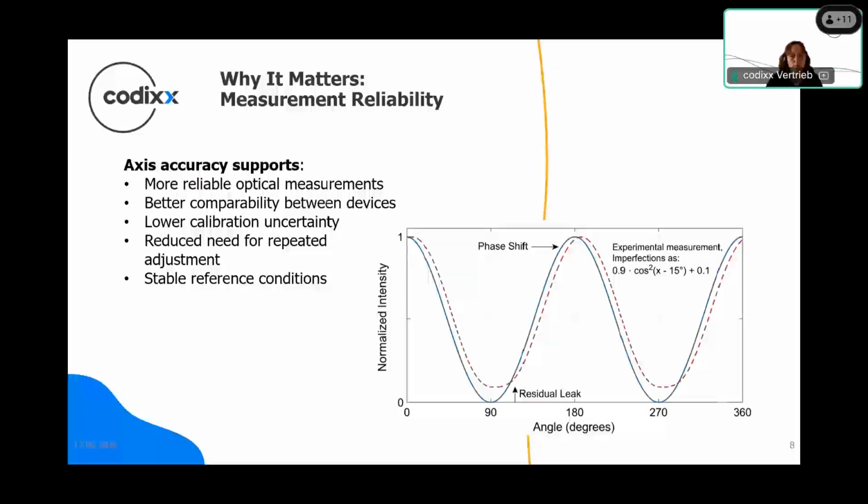So we need highly reliable part-to-part, repeatable measurements across multiple devices without needing to manually calibrate every single system, which is why accurate polarization axis alignment supports repeatability, both in the lab and later on in production.